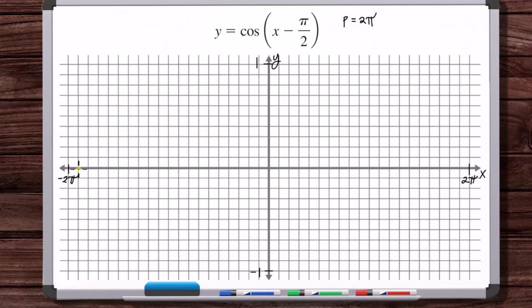Let's see, 1, 2, 3, 4, 5. So this would be -3 pi over 2. 1, 2, 3, 4, 5. Minus pi over 2. 1, 2, 3, 4, 5.